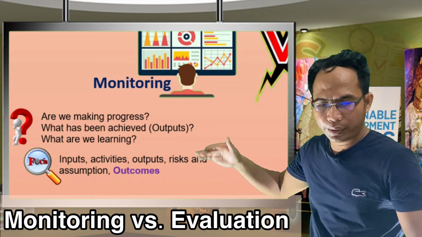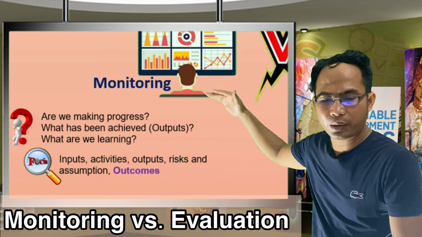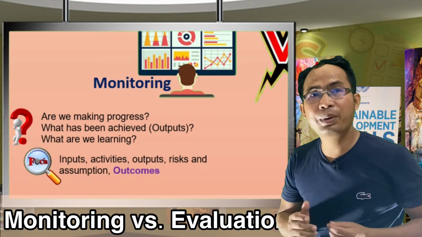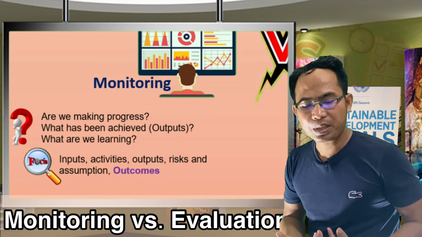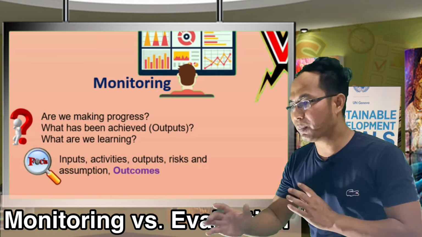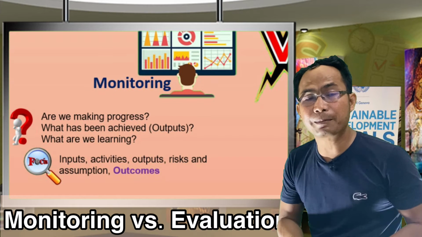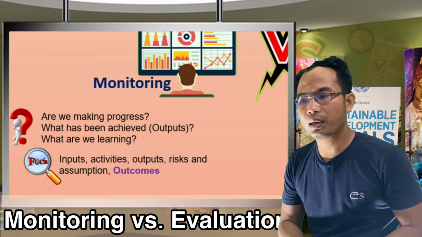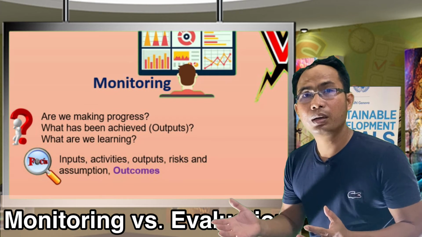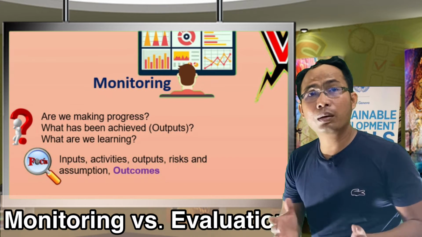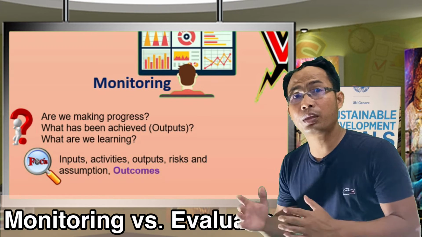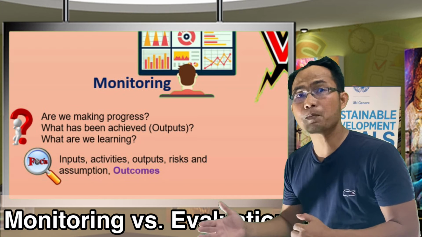We will also look at the risks and assumptions that have been made during the proposal development. During the proposal development we develop a lot of assumptions. We anticipated some risks will occur, so from month to month, from quarter to quarter, we would like to monitor those risks and assumptions.